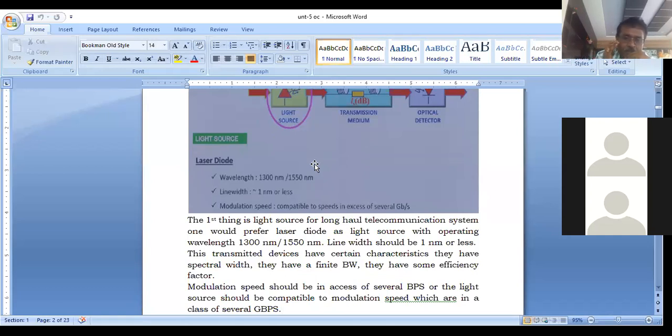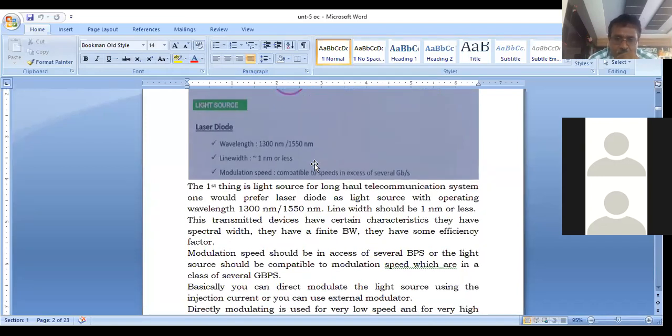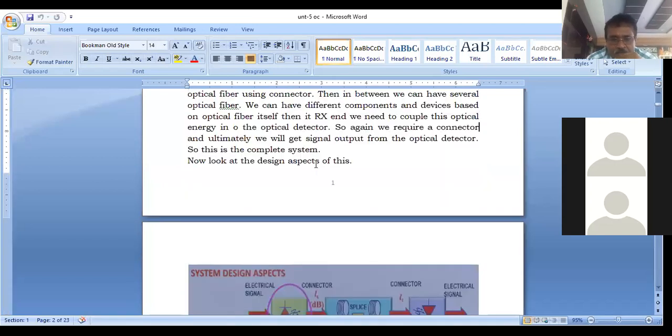If the data is high speed, we can connect an external modulator circuit in the transmitter. Here is direct modulation: the light source has the injection current.